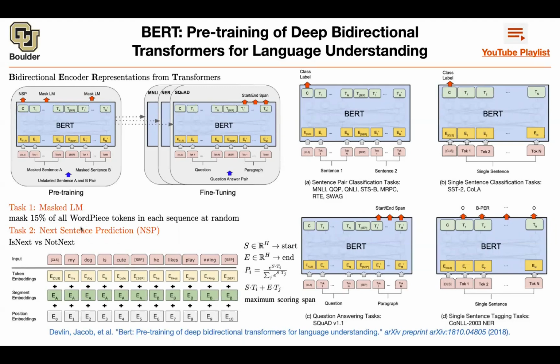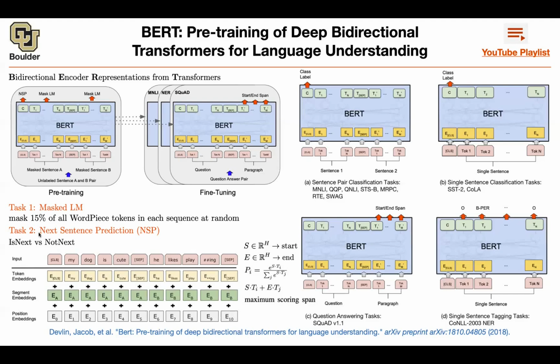But this is going to give you a subword tokenization process. You mask 15% of those tokens in each sequence at random. There are also some minor details that I'm going to go over when we cover the next papers. But as far as the big picture is concerned, you're going to mask 15% of your sequence.